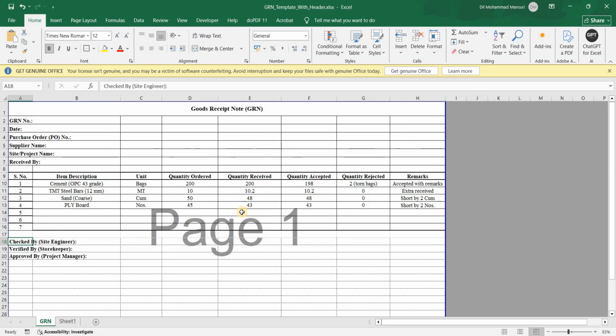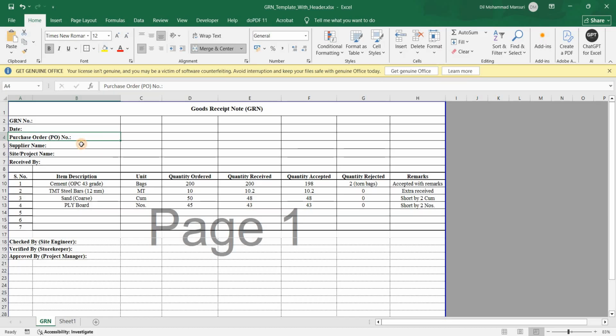There's nothing called a receipt note. So you can write the GRN number. Whenever a delivery comes to the site, you maintain the numbers. Then the date you received, and the purchase order number. You might have a purchase order number because you have provided a purchase order to the supplier.